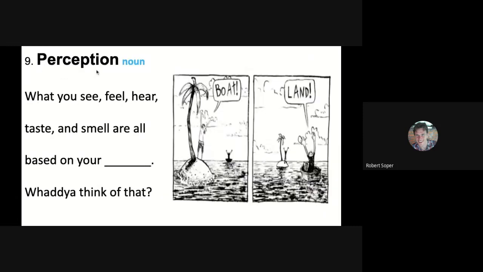Okay, this word is perception. So what do we think about when we think about perception? Well, we think about the senses. We think about awareness. We think about observation. So what do we mean by the senses? Well, we mean sight, being able to see, hearing, listening, being able to use our ears, a sense of smell.